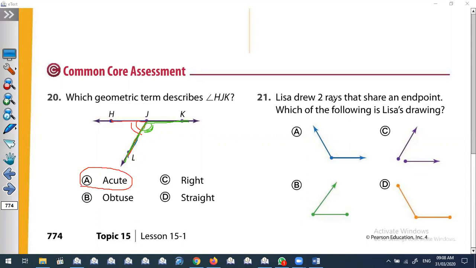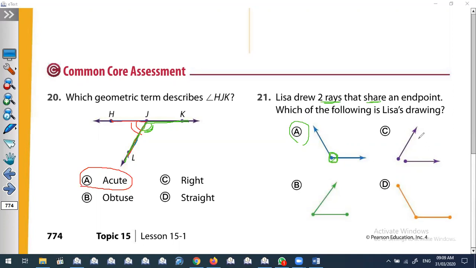Lisa drew two rays that share an endpoint. Which of the following is Lisa's drawing? Lisa drew two rays that share one endpoint, that means it will be an angle. This will be an angle, because the two rays share the same endpoint.